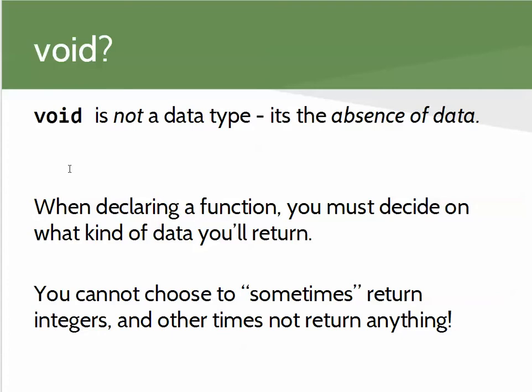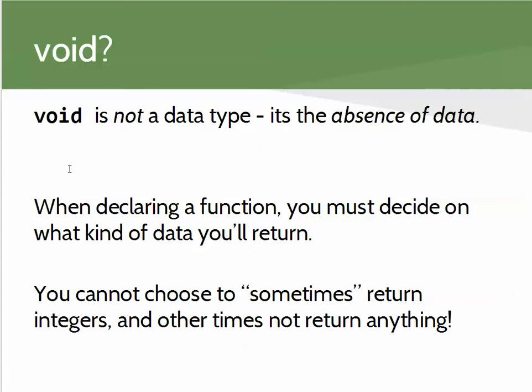The only context that we'll use it within an introductory course would be in declaring a function that does not return data. So when declaring a function, keep in mind that you must decide on what kind of data you'll return, perhaps none. You cannot choose to sometimes return integers, sometimes return characters, other times return anything.